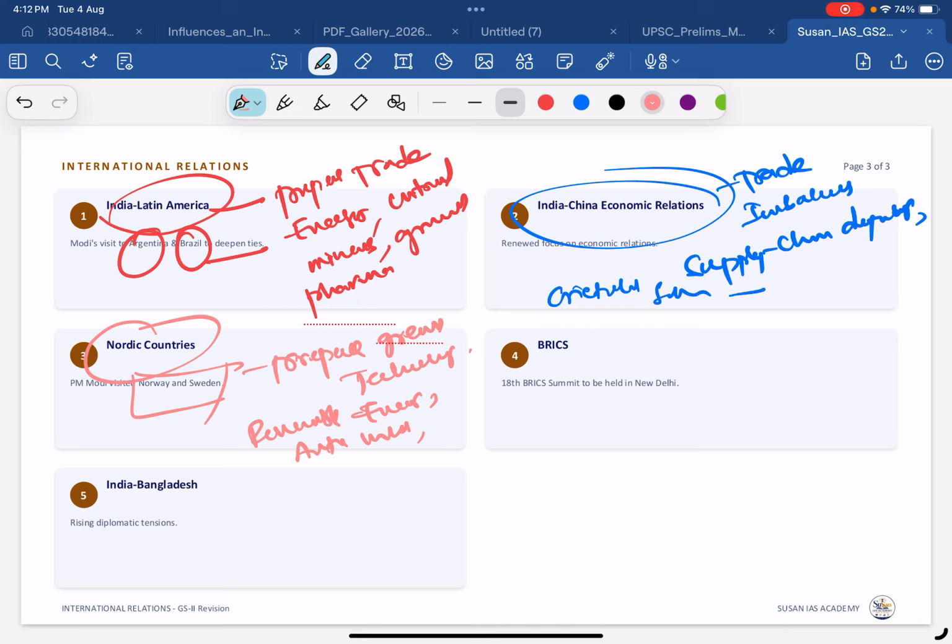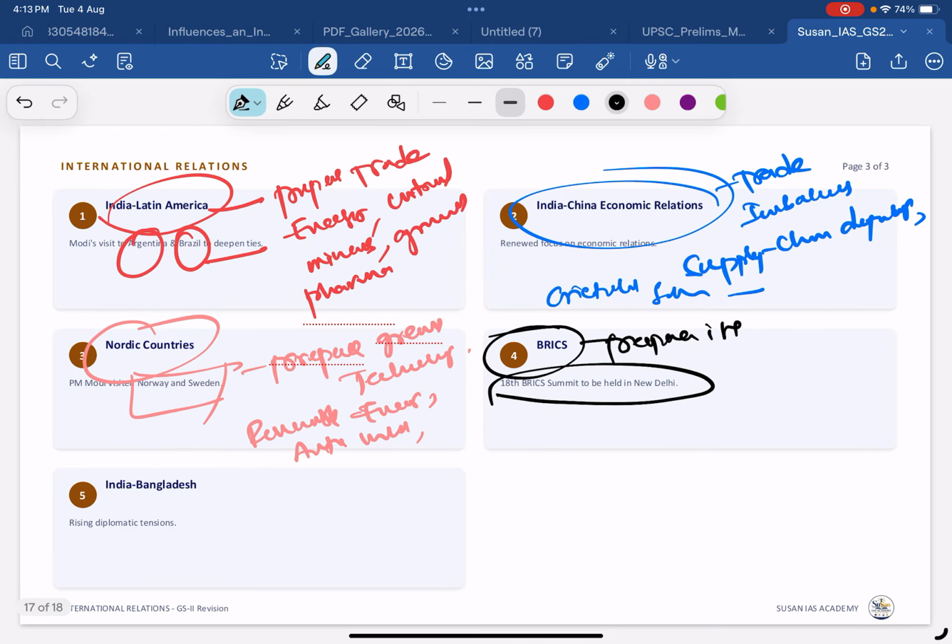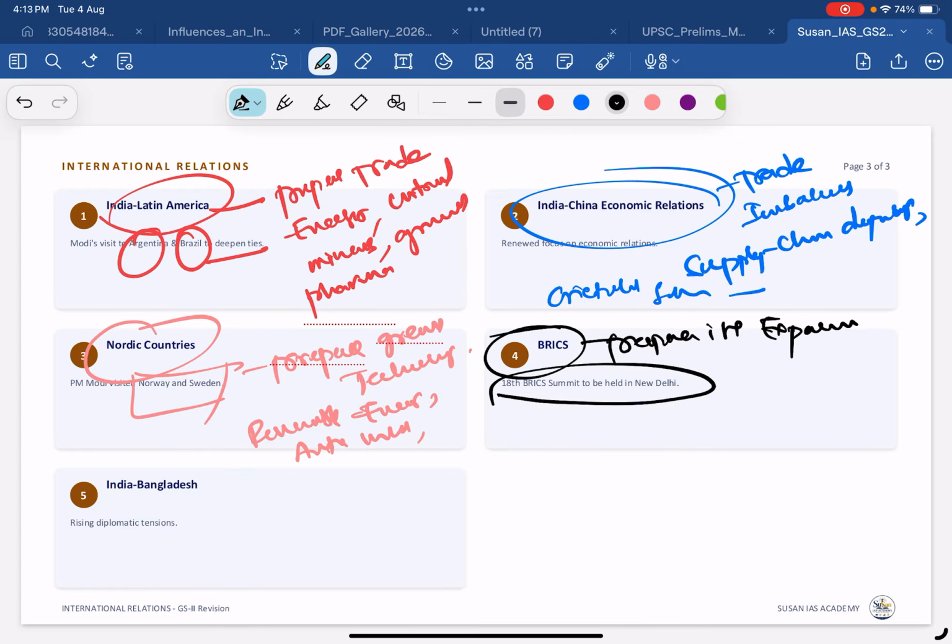Right? Yes. And then the most important thing is BRICS. Prepare its expansion, because the 18th BRICS summit is to be held in India. Prepare its expansion, institutions, New Development Bank, Global South, reform of global governance, and de-dollarization debates.